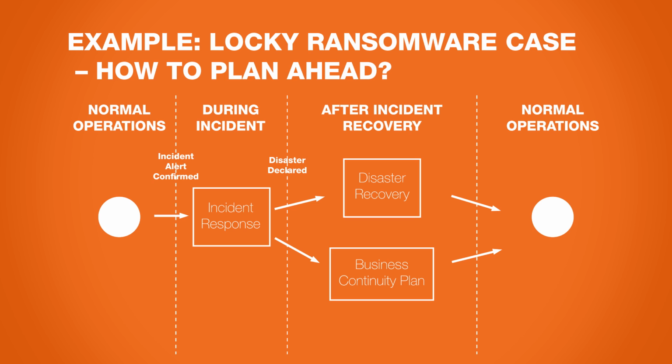When the disaster is declared, it enters the after-incident recovery phase. The disaster recovery plan kicks in at this disaster mode and will be followed to recover the backup data copy, shut down the infected computers and the file drives. Emergency communication is also triggered.